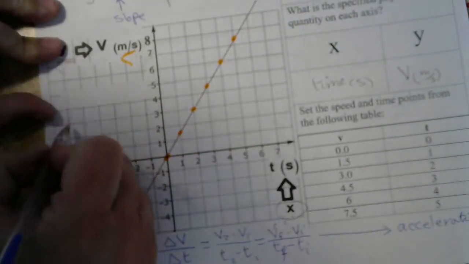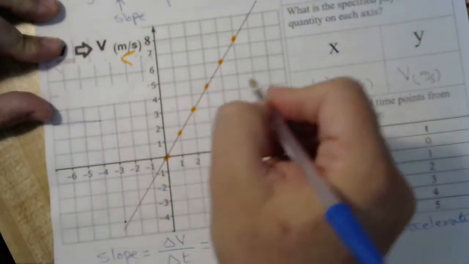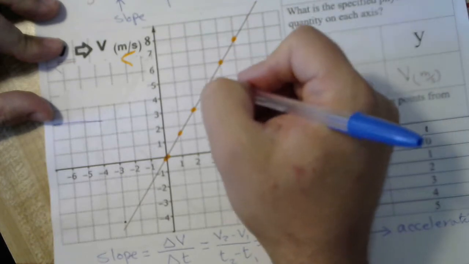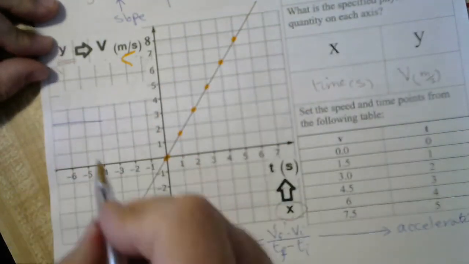So I can calculate the slope for this line. I can pick any two points to calculate the slope.